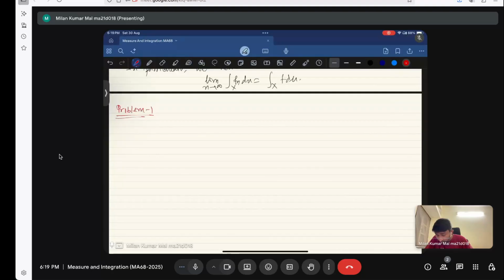Problem one. Let (X, S, mu) be a measure space.